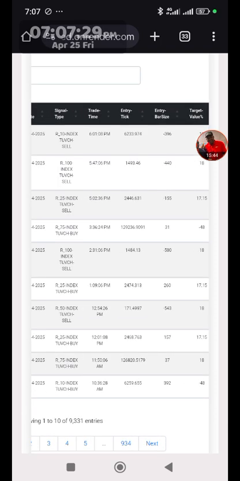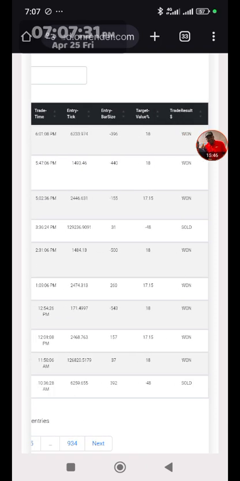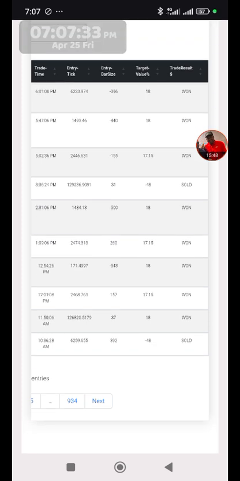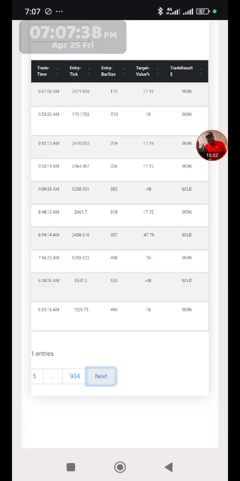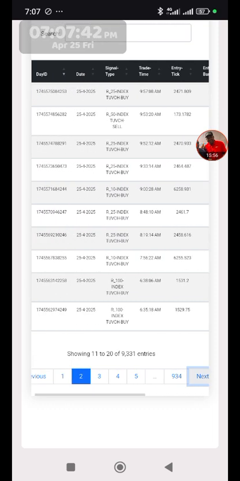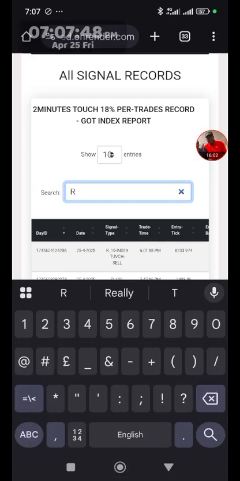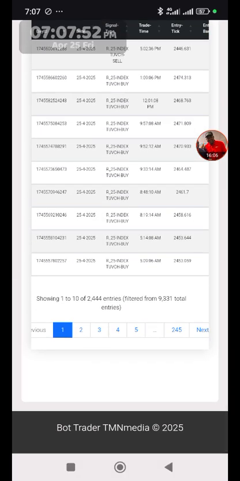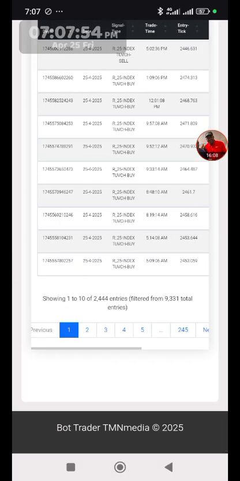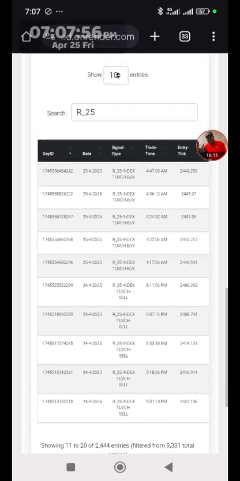Sometimes it takes more than 50 seconds and it has not won, then you will see a minus, maybe minus 20 something. This one carries various indices, so let me bring this down to 25, so that you can see only 25 index alone.